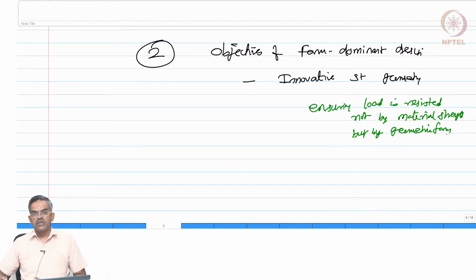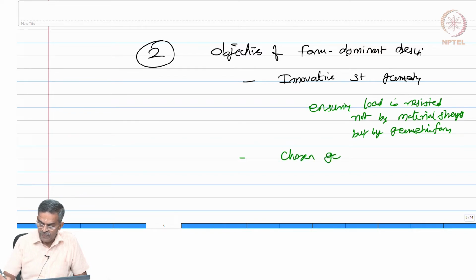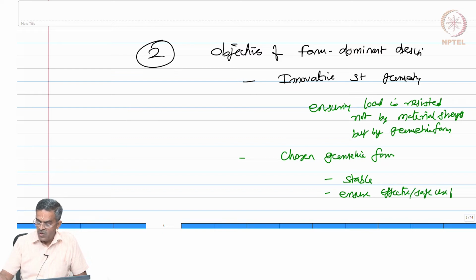The second objective is that the chosen geometric form should be stable, it should ensure effective and safe use of the material.